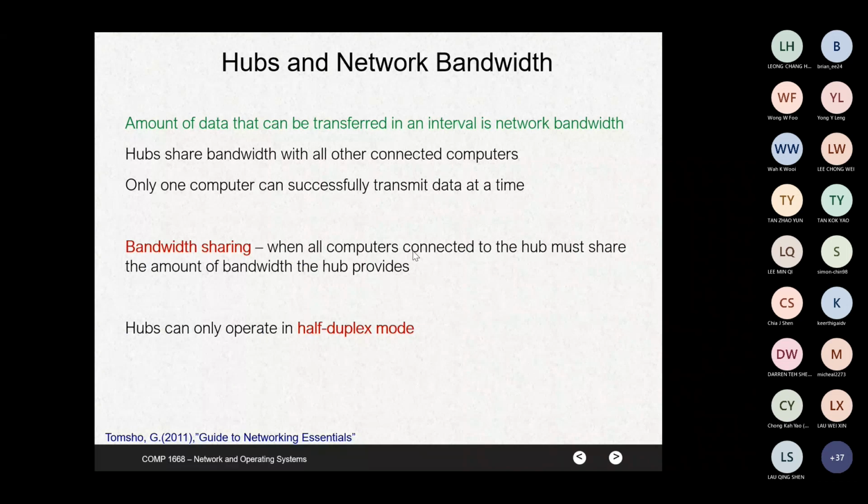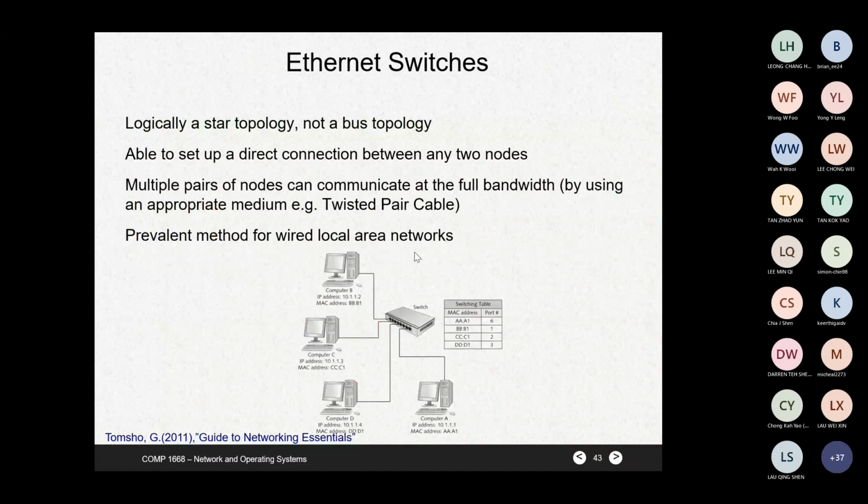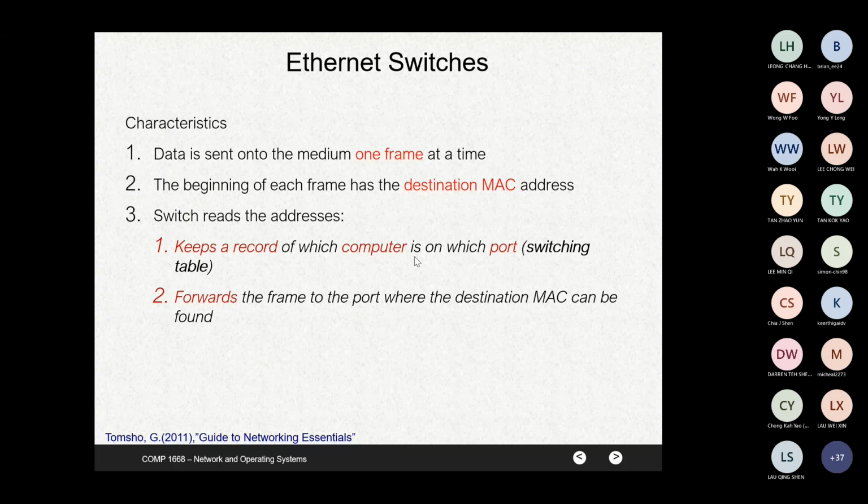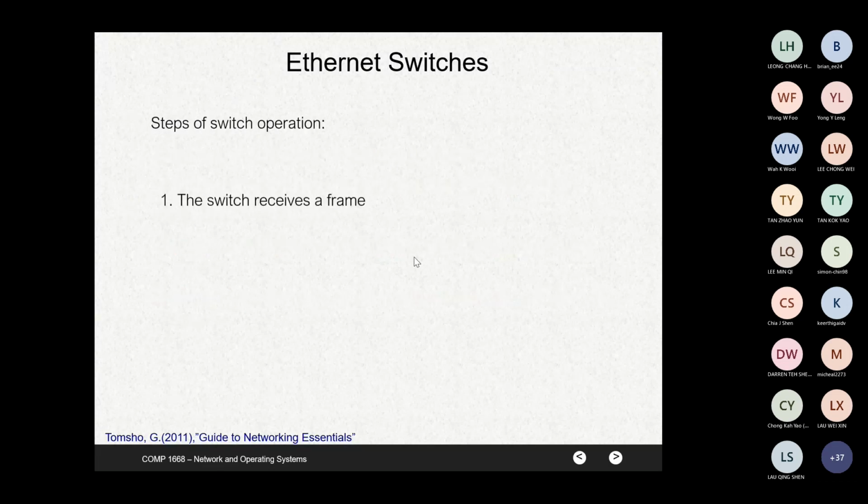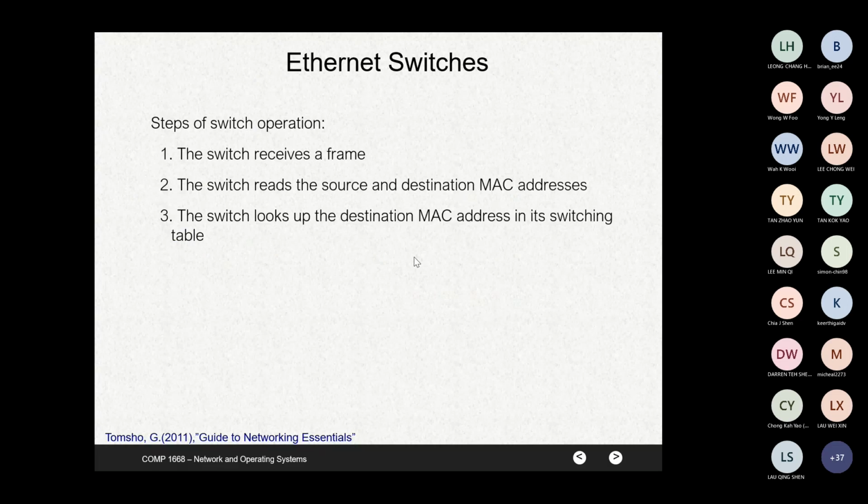But prior to that, we talked about hubs and network bandwidth such as half duplex, simplex, and duplex. You have to recall whatever you covered in your data communication and network at diploma level or previous programs. Ethernet switch, switches.